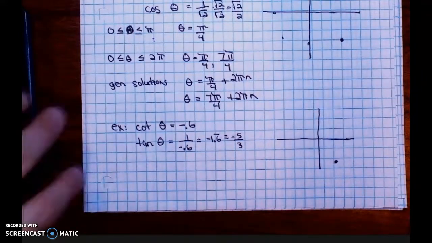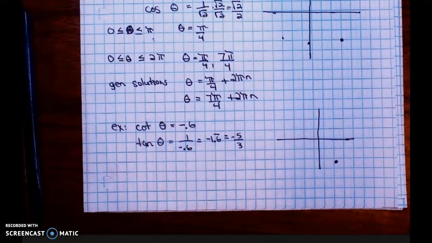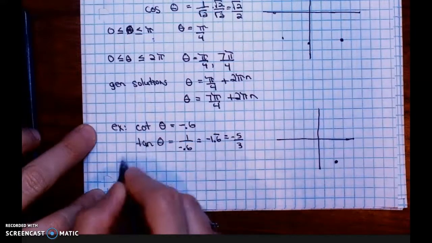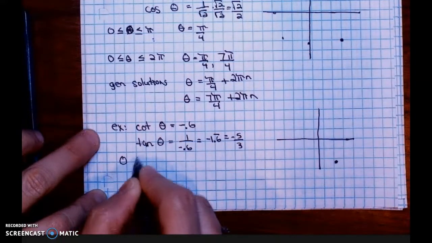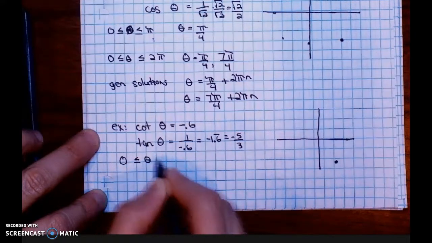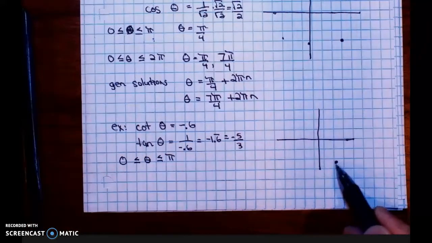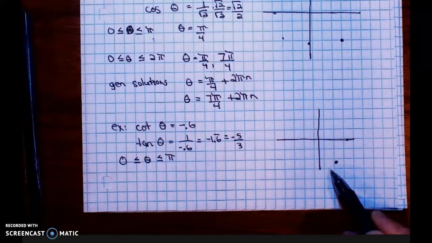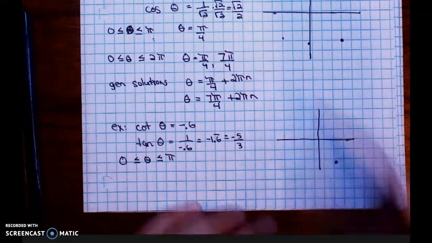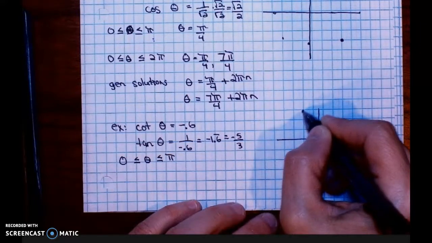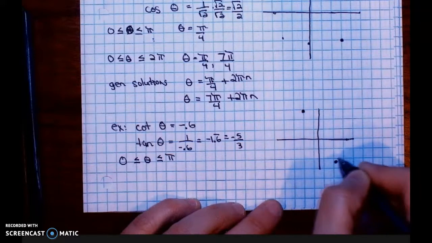Again, we're going to have to take note of what our domain is. If I was given that our answers have got to be between 0 and pi, I can't give this solution right here. So we need to think, when else is that tangent negative? That tangent is negative over in here. How do we get from here to here?